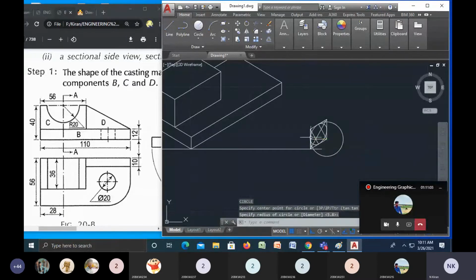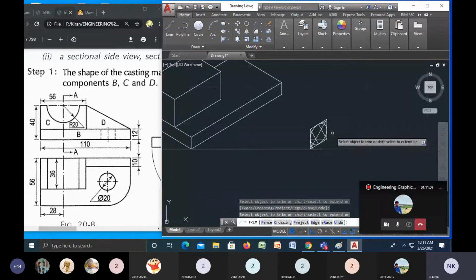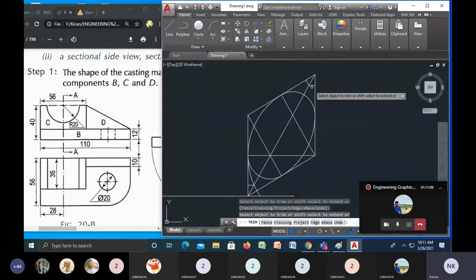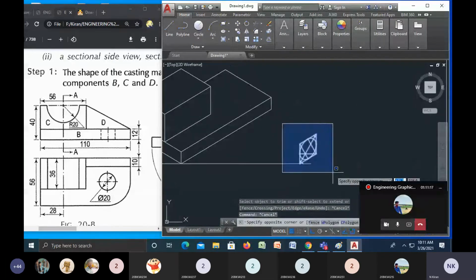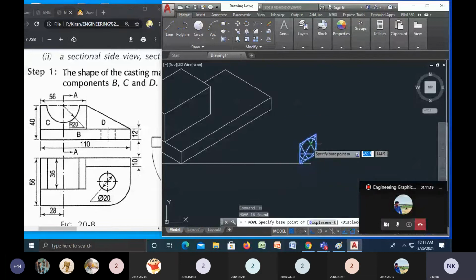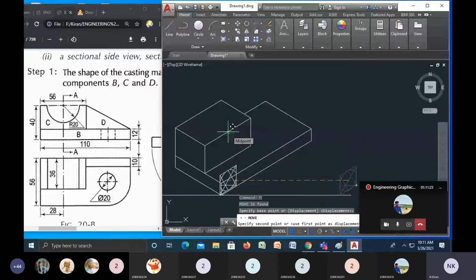From this point, this one, TR double enter. Right. Now I will select this one, M enter. With this midpoint, I will place on this one midpoint, right? From this only now.